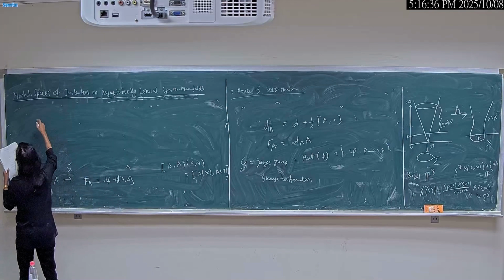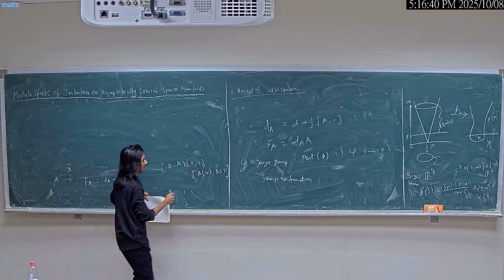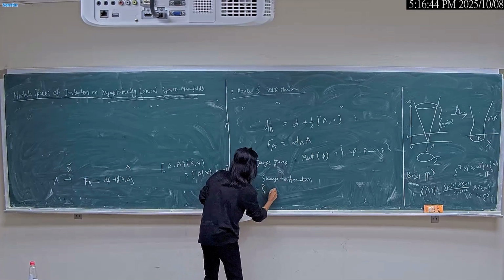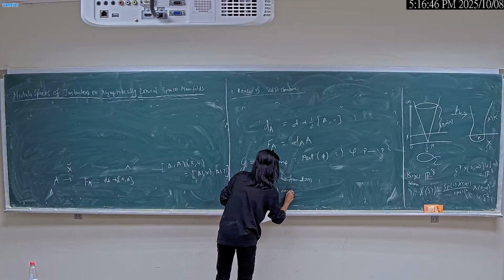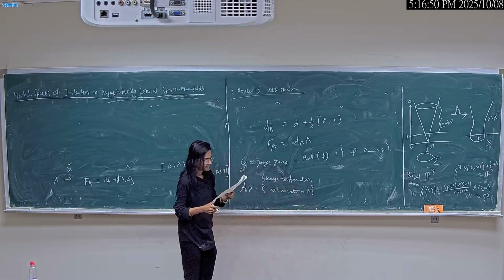So you have heard of Yang-Mills theory. Okay, another notation. I'm going to denote A_P to be the set of all connections on your bundle P.